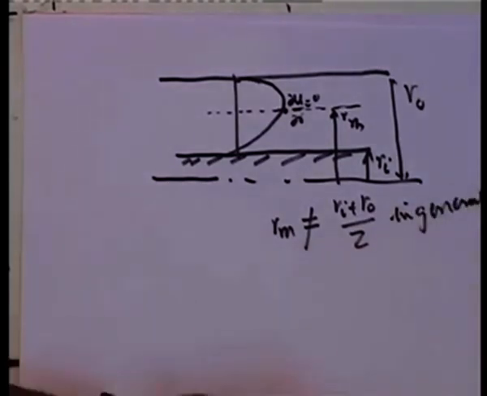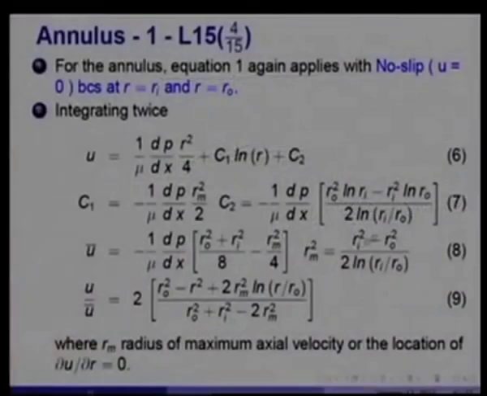In fact, as this expression shows, r_m is very much a function of the radius ratio r_I/r_O. So, using r_m, u over u bar becomes 2 times (r_O squared minus r squared plus 2 r_m squared ln(r/r_O)) divided by (r_O squared plus r_I squared minus 2 r_m squared).